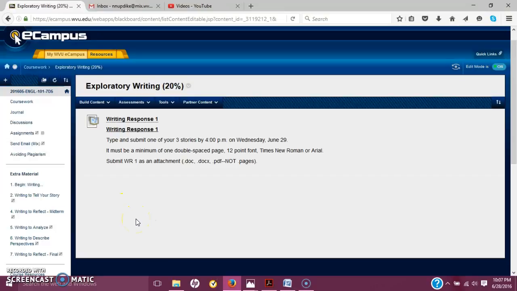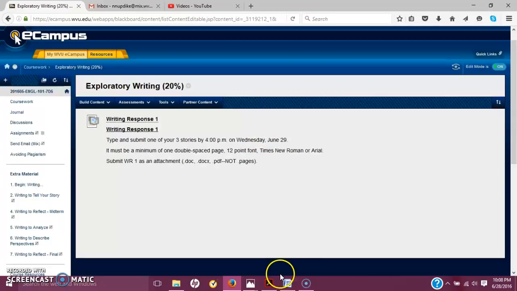So these are for a grade, and they count as 20% of your overall grade. There are 10 of them throughout the whole semester, and you can see on the syllabus when they are due. I'll also send you ample reminders and help you along the way with what to include in each writing response. Okay, so I hope that clears up any confusion with the free writes and the writing responses.